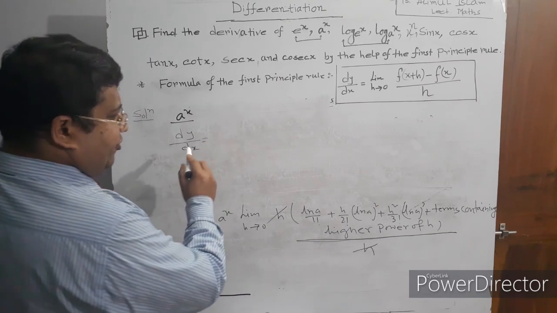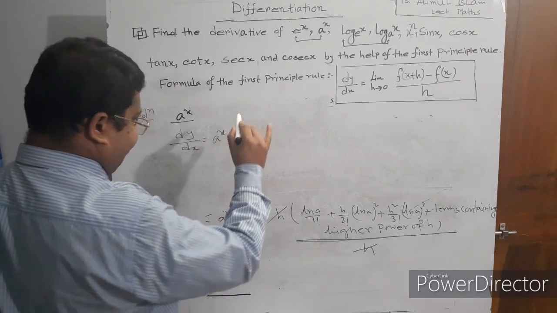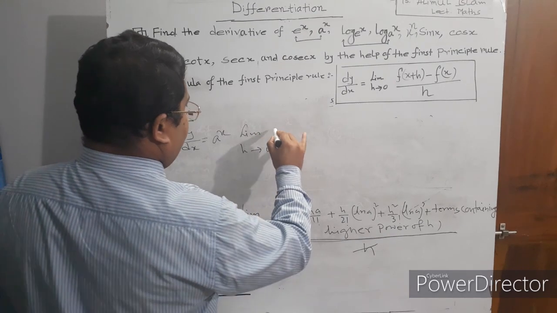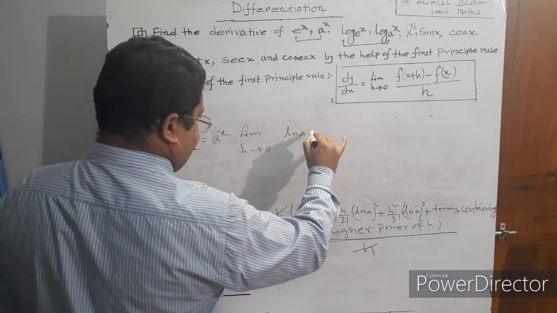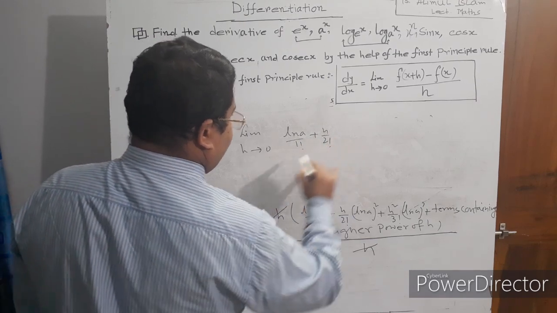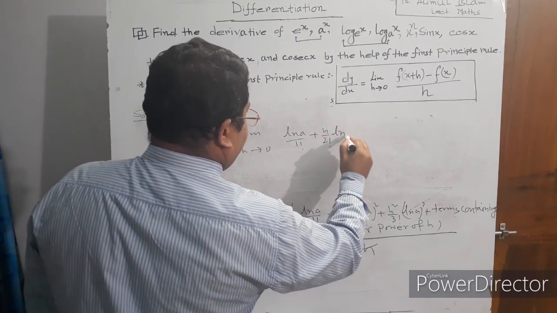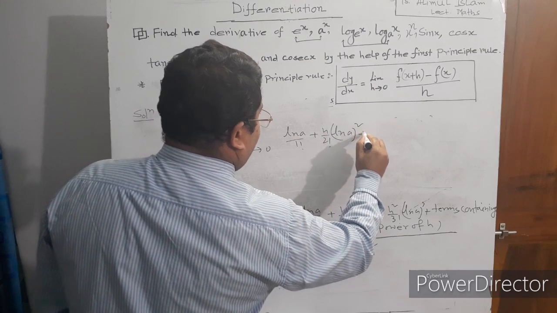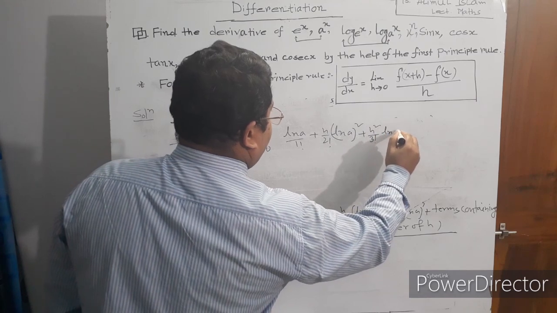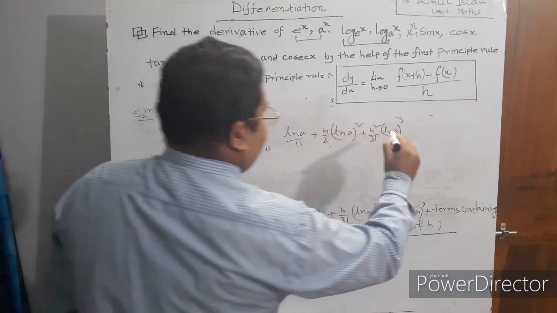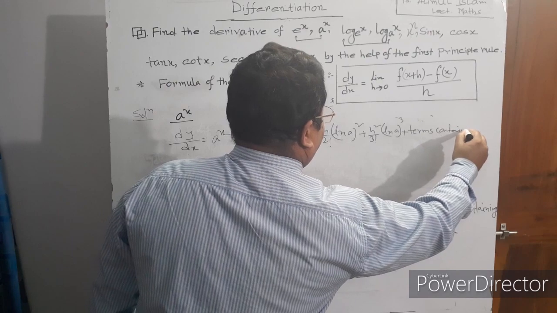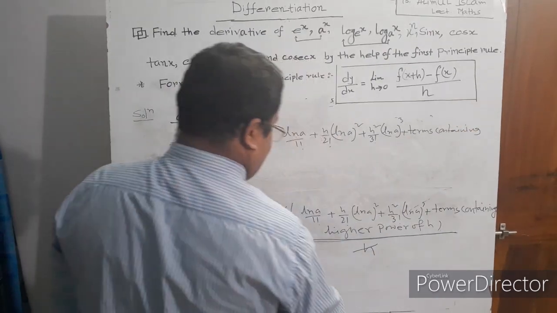So a to the power x, limit a tends to 0, ln a over factorial 1 plus a over factorial 2 ln a square plus a square over factorial 3 ln a whole cube plus terms containing higher power of x.